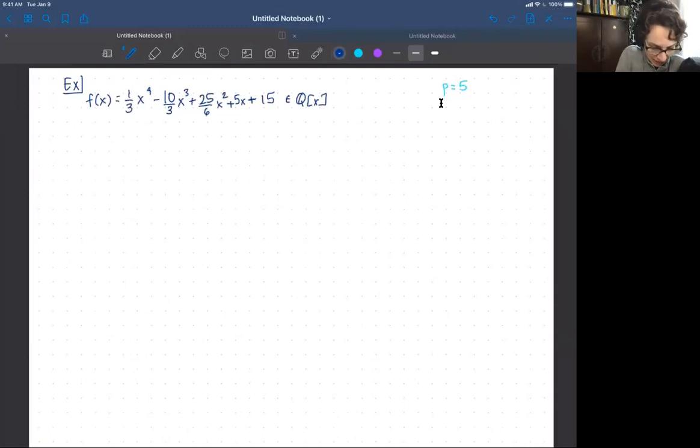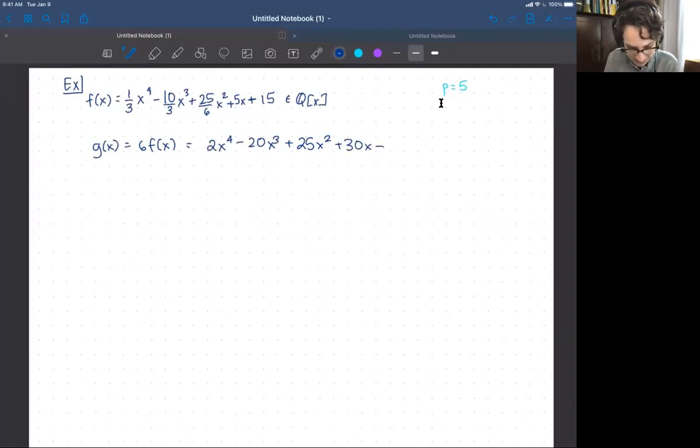I can think about f of x. I can make a related polynomial g of x, which is going to be 6 times f of x. If we write that down, that's going to look like 2x to the 4th minus 20x cubed plus 25x squared plus 30x plus, oh dear, 15 times 6 is going to be, 6 times 5 is 30, so 90, I think.